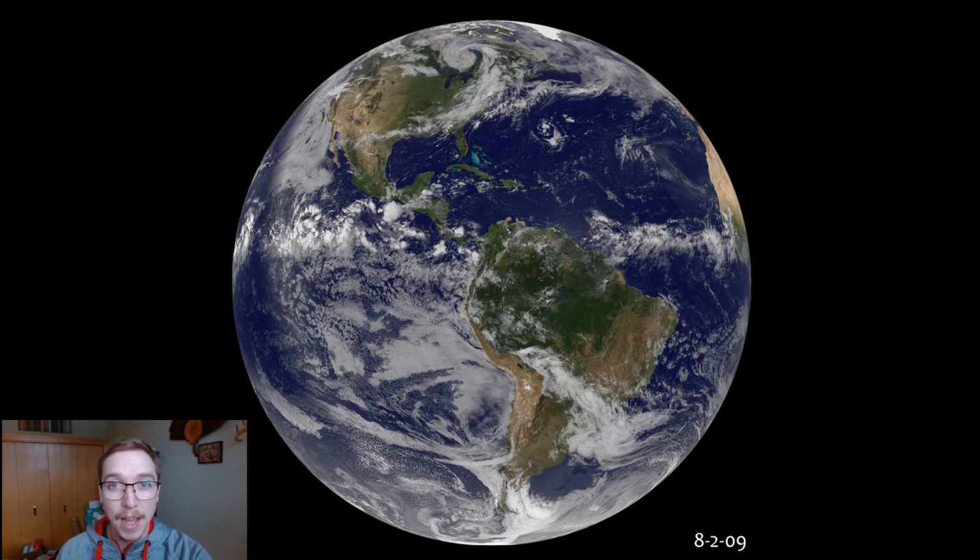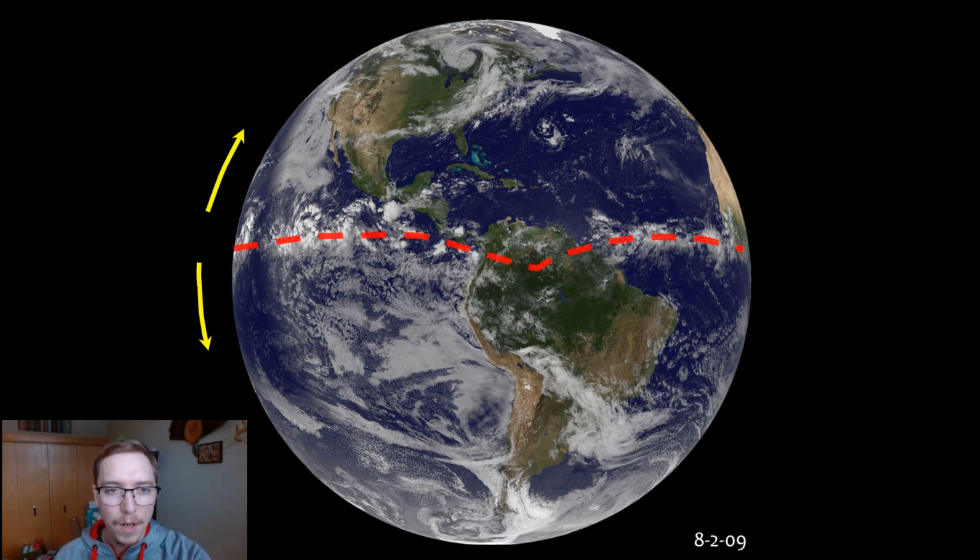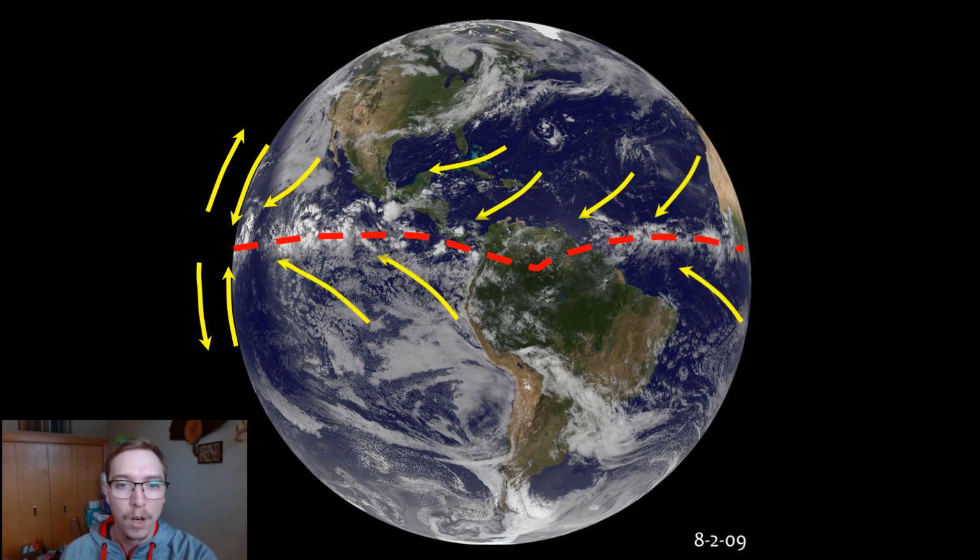So here we can see an image of our globe. And here we can see those typical features. So we've got our low pressure system at the surface, the intertropical convergence zone, which we see in that red dashed line, diverging air aloft, moving poleward, converging air at the surface, moving equatorward, the Coriolis force deflecting these winds, the trade winds.